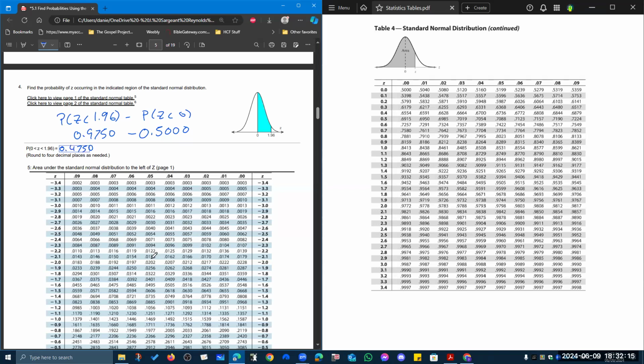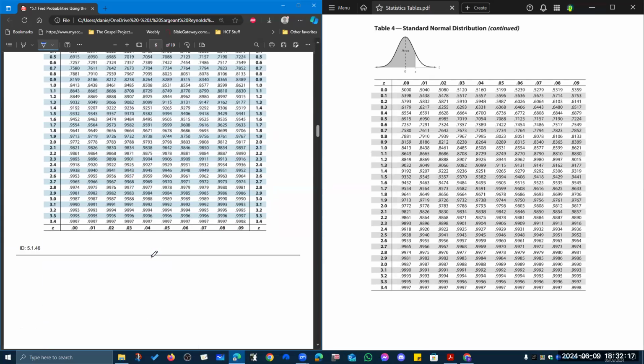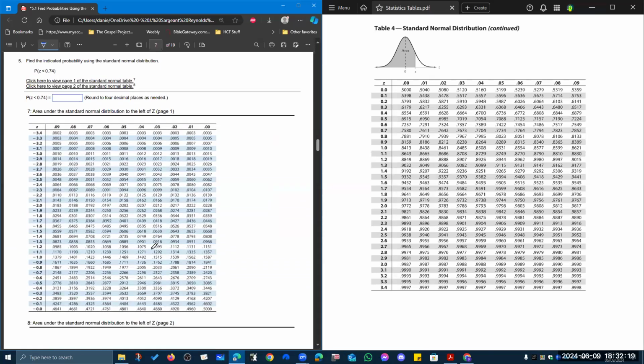There we go. And the probability that Z is less than 0.74 is 0.7704.